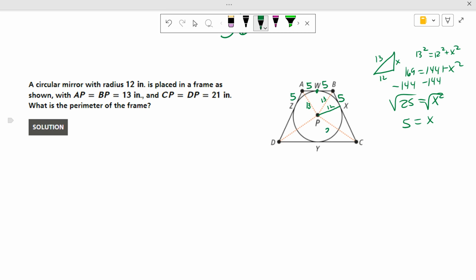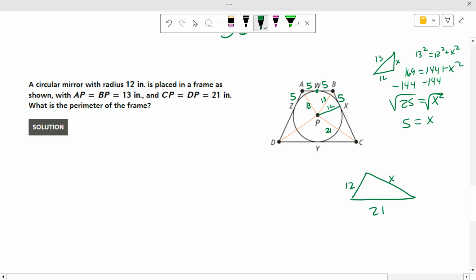Now let's figure out the other one. We know this is 21. So if we have a right triangle with 12 and X and 21, 21 squared equals 12 squared plus X squared. What's 21 squared? 441, right?